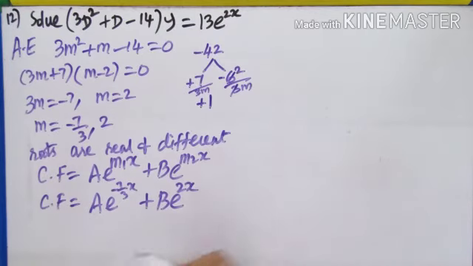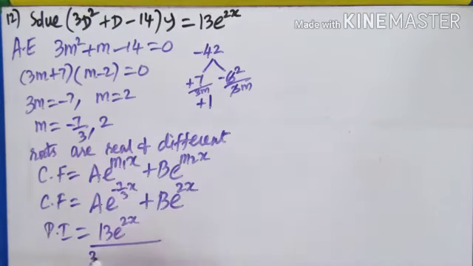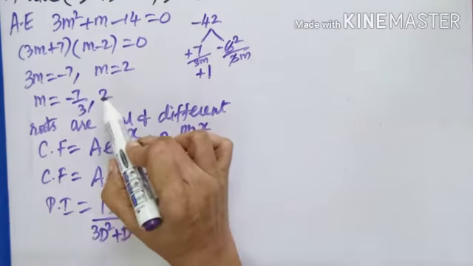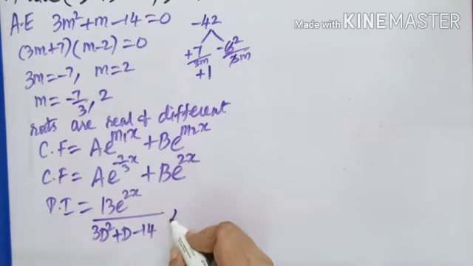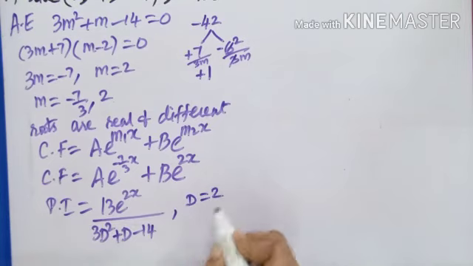The next step, we proceed on to the particular integral, the RHS divided by the LHS factor 3D² + D − 14. Here the power is 2, which is also a root here. So 2 and 2 are the same; if I put D as 2, the denominator will become 0.